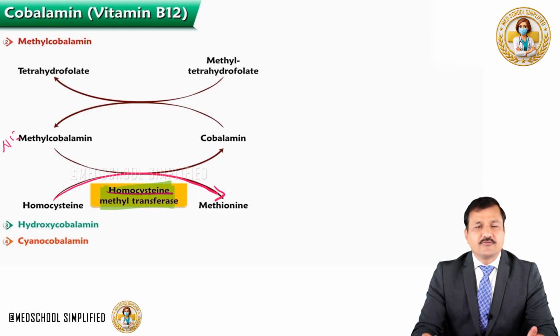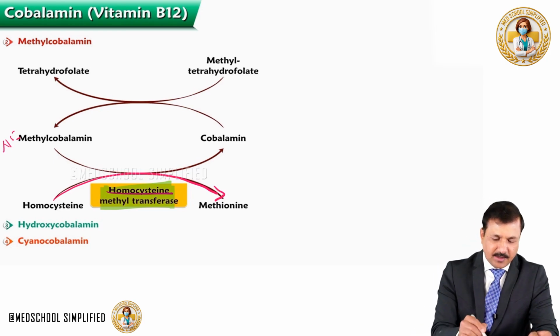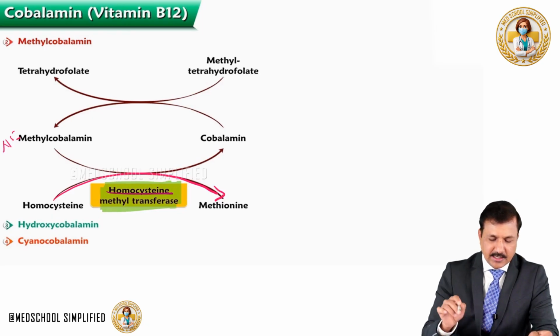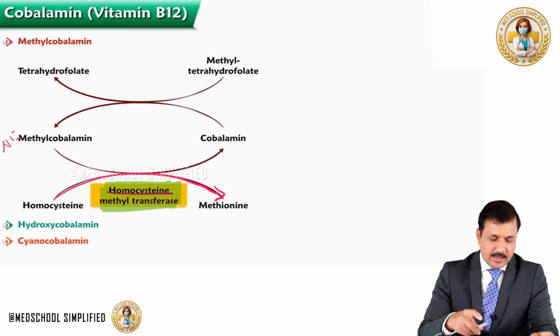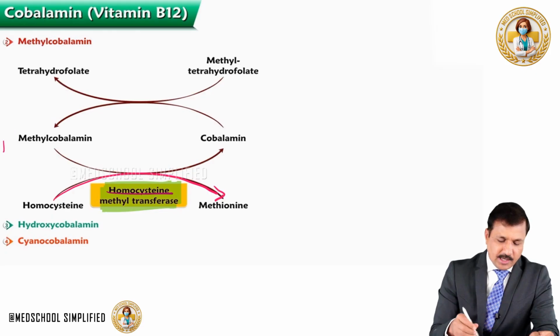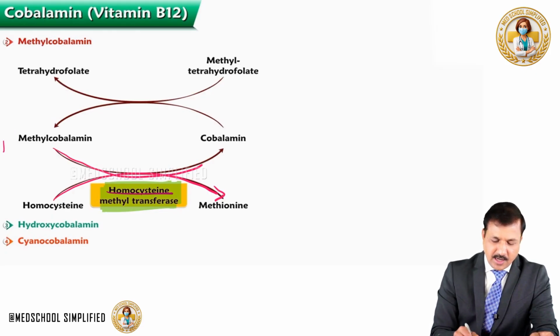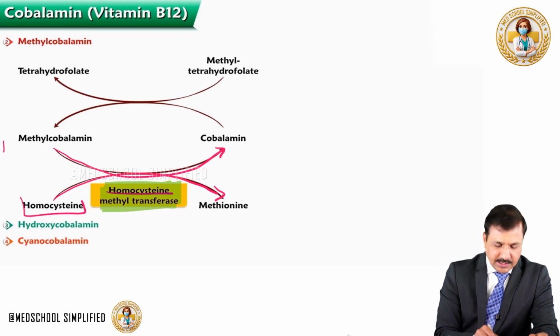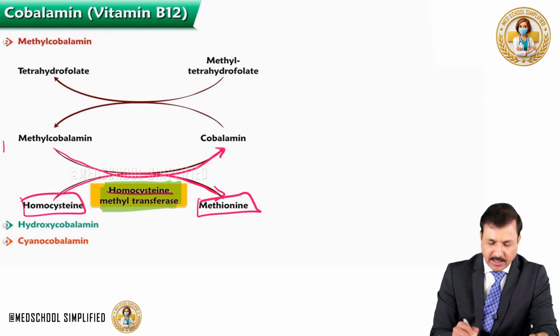Methylcobalamin is another form of vitamin B12, and it is required for the conversion of homocysteine into methionine, and this is done by the enzyme homocysteine methyltransferase. And here methylcobalamin is converted into cobalamin after donating a methyl group, while homocysteine is converted into methionine.